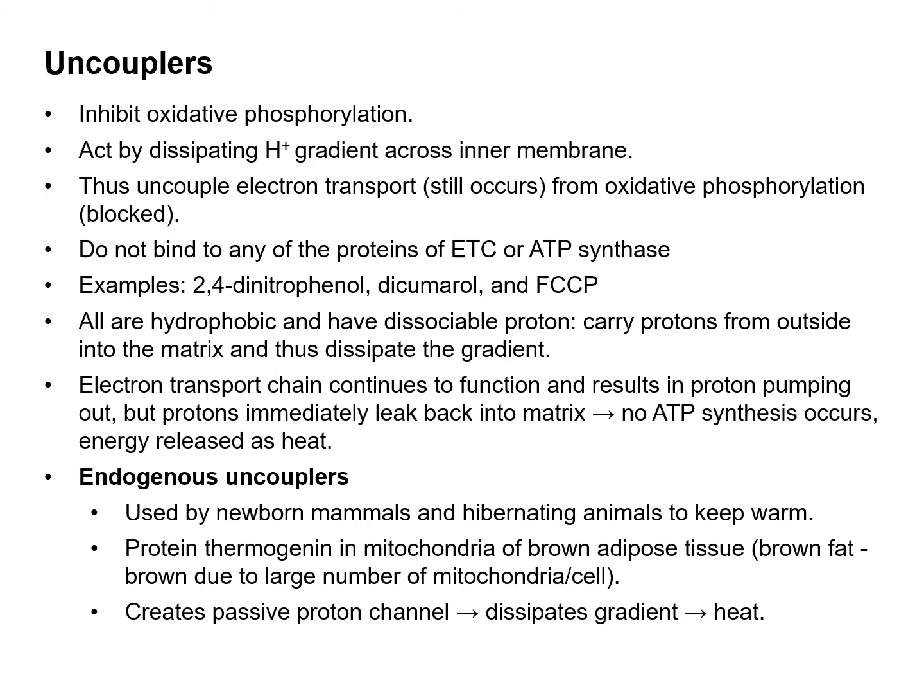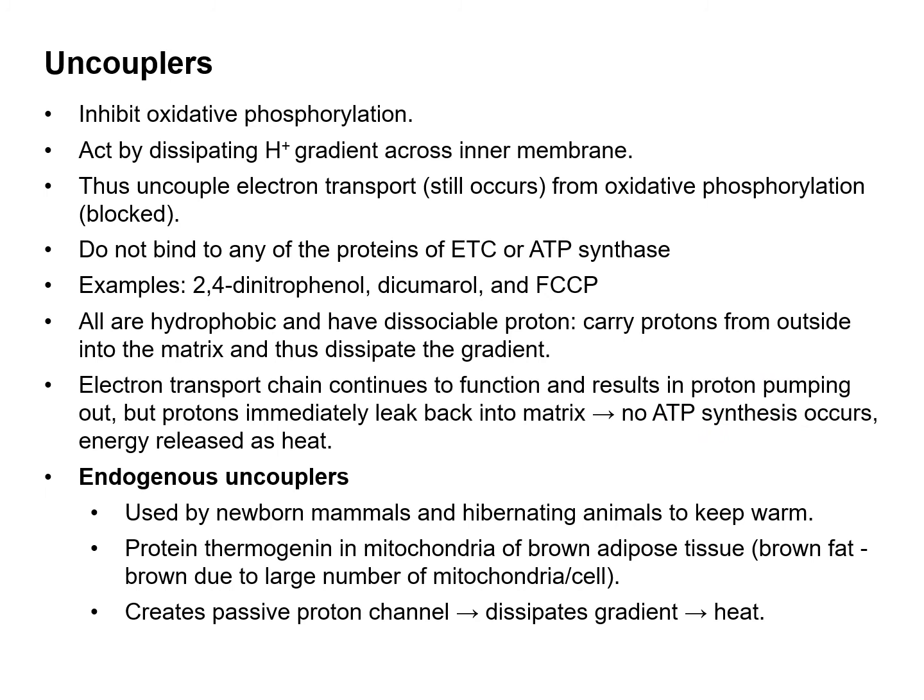The electron transport chain continues to function and results in proton pumping out of the matrix, but the protons immediately leak back into the matrix, which results in the dissipation of the proton gradient. So there is not going to be any ATP synthesis, which relies on the proton gradient.